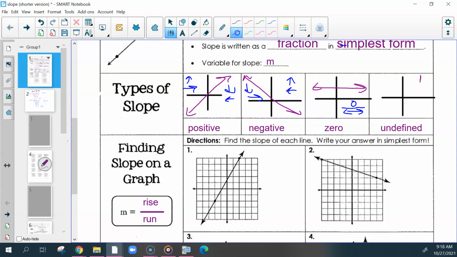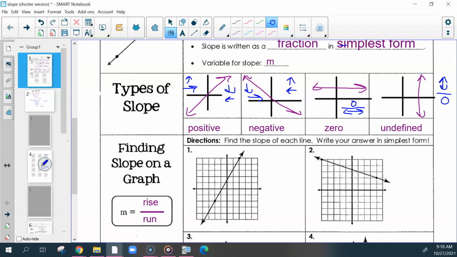Undefined slope will be a straight vertical line where you have a vertical change, but you don't have a horizontal change. In your calculators, pick whatever number you want and then divide by 0.